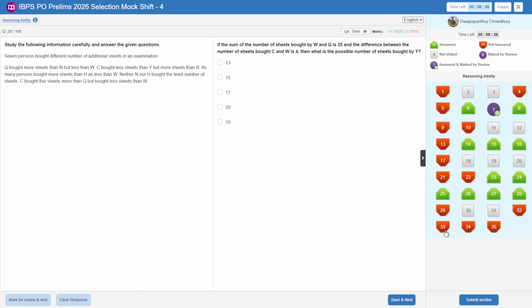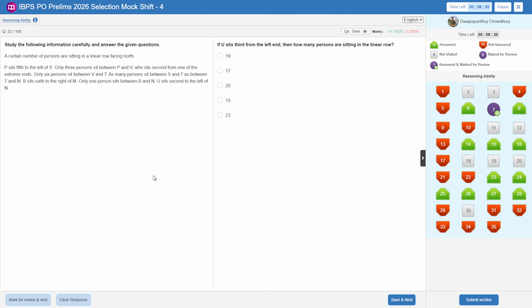How many questions are there? Okay, linear row, 3 questions each in a linear row. P is fifth to the left of S. Only 3% between P and B, who sits second from one of the extreme ends.